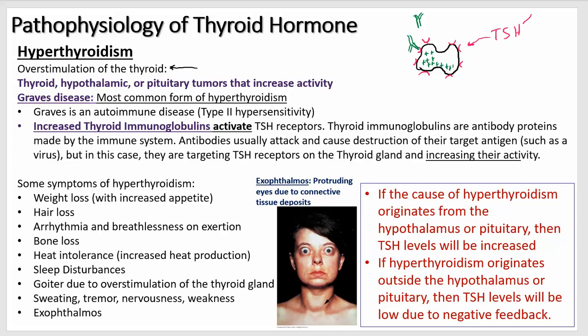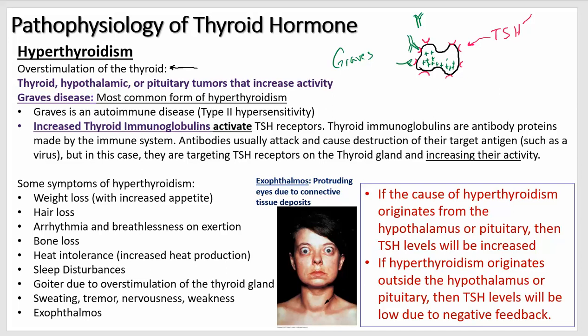So because we're making all of these antibodies, we have increased activity of the thyroid gland, and so the thyroid gland can get big and produce a lot of thyroid hormone. Okay, so that's what's going on with Graves' disease. So that's the most common form of hyperthyroidism.